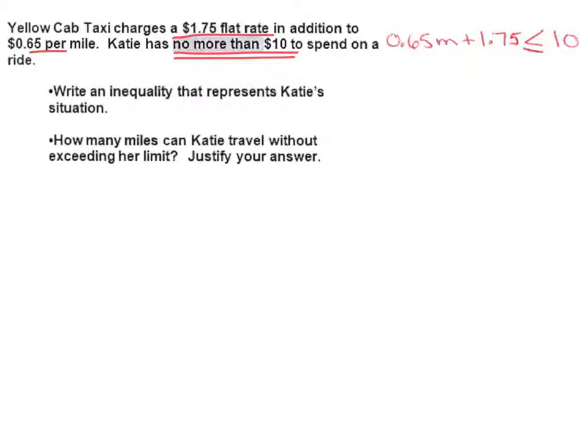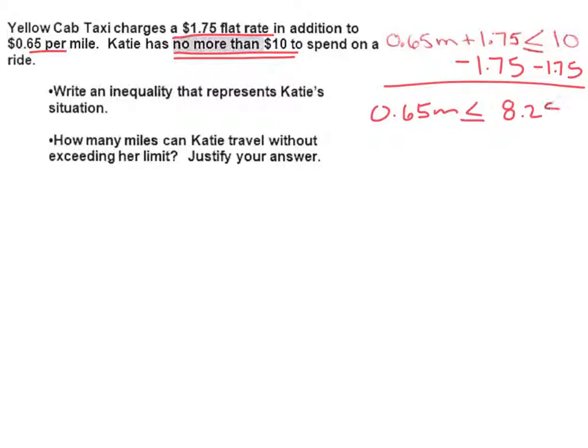So from here, we can figure out how many miles Katie can travel without going over $10. So we'll need to solve for M. First thing we can do is subtract $1.75 from both sides. So we're going to end up with 0.65 M is less than or equal to 8.25.